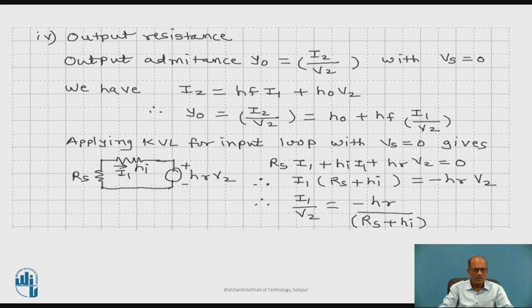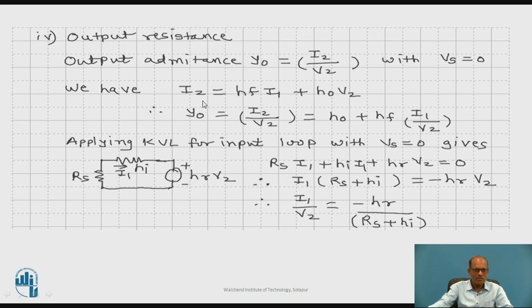In the analysis of BJT amplifiers using H parameters part 1, we completed the derivation up to voltage gain. Next is the output resistance. Output admittance is defined as Yo equal to I2 by V2 with Vs equal to 0.